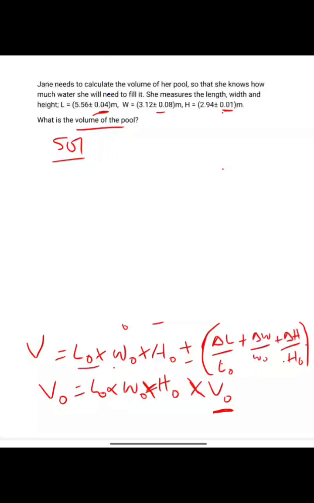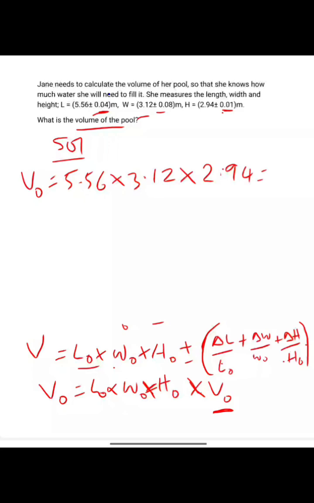Let's proceed. My V sub 0 is equal to 5.56 times the W sub 0, which is 3.12, times the H sub 0, which is 2.94.